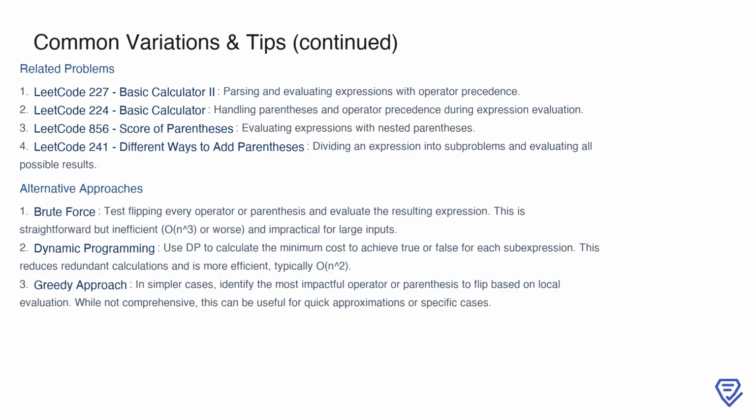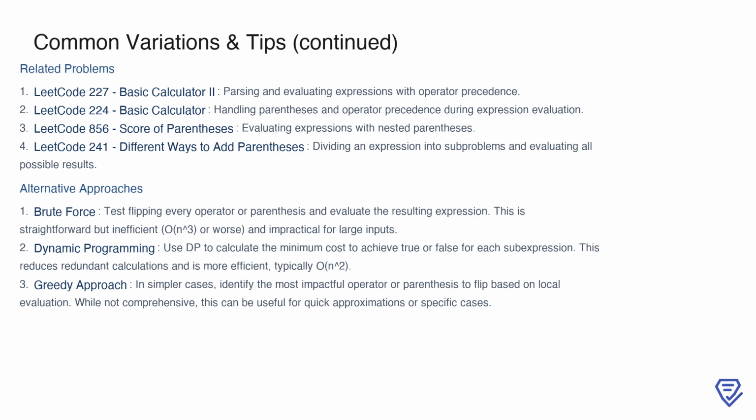In terms of alternative approaches, brute force is the most straightforward method. Here, you test flipping every operator and parenthesis to evaluate the resulting expression. However, this is highly inefficient, typically O(n^3) or worse, and impractical for larger expressions.